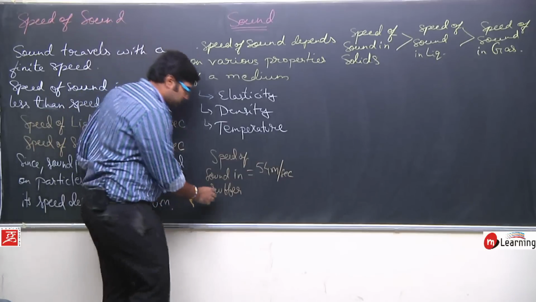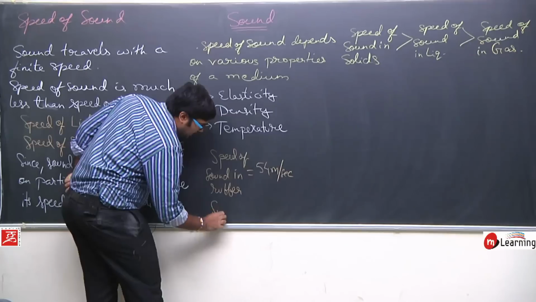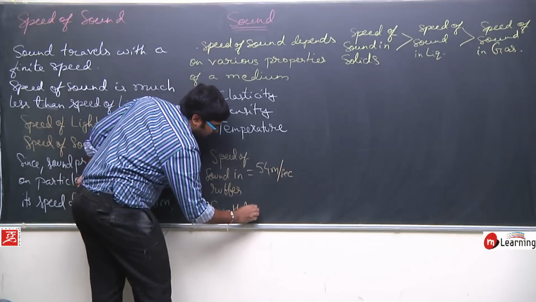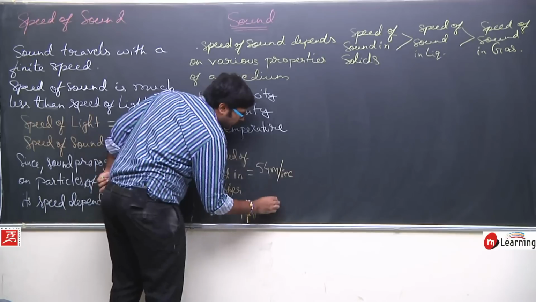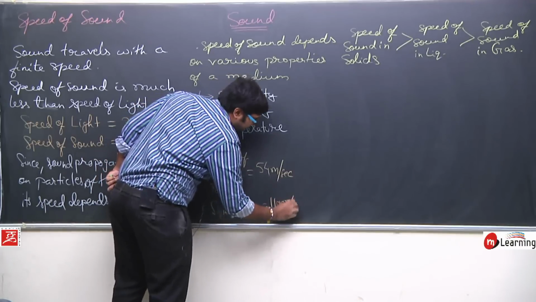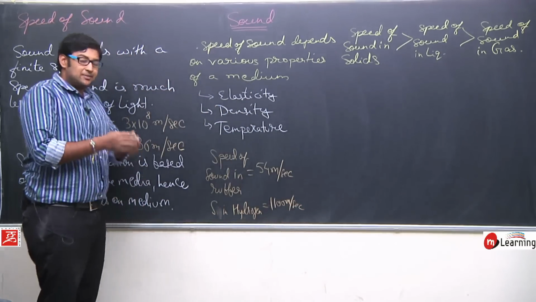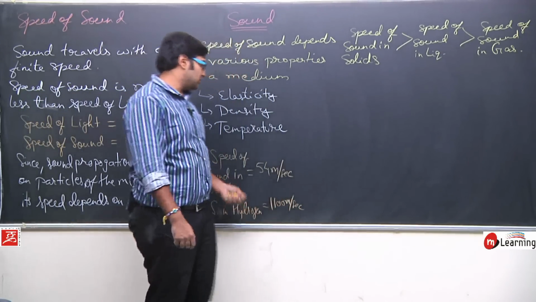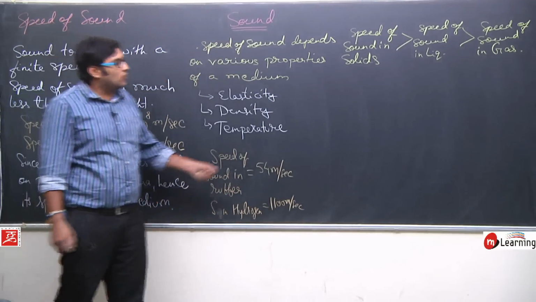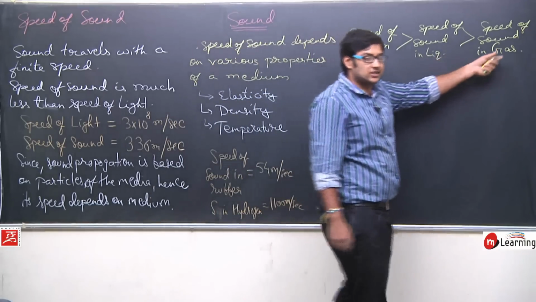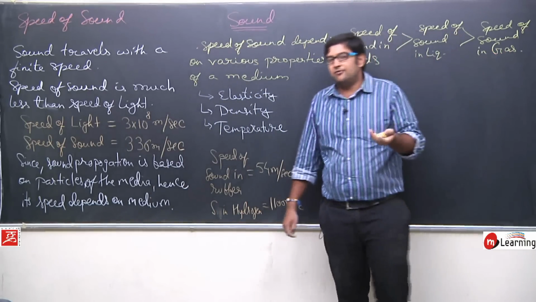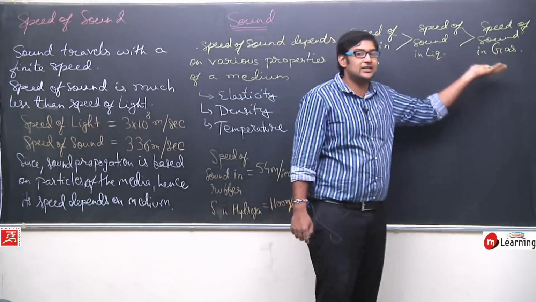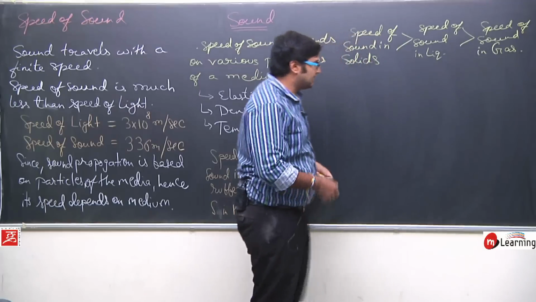But if we talk about the speed of sound in hydrogen, it is around 1100 meters per second. So there is a big variation. There are many exceptional cases in which the speed of sound varies and does not follow the general rule. But in general we will follow that the speed of sound is maximum in solids, then in liquids, and then in gases. This is a general tendency.